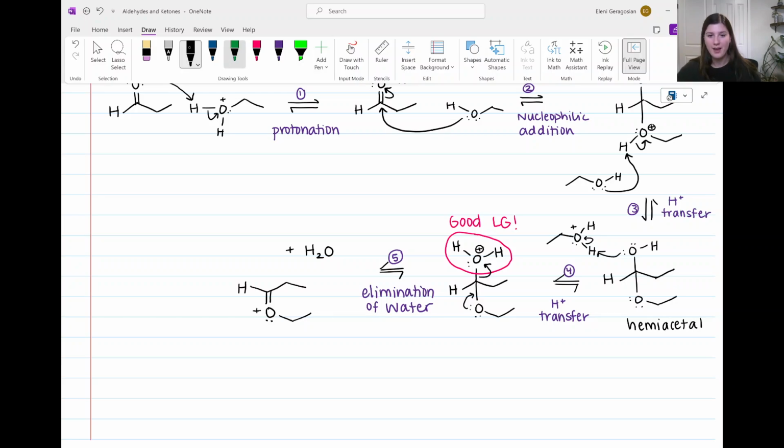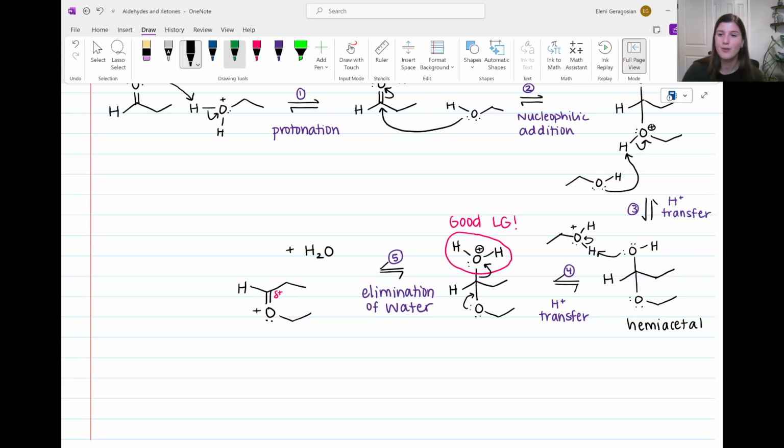Well, now look, we have a positively charged oxygen bonded to a carbon. That double bond looks like a carbonyl bond. That positive oxygen is pulling electron density away from that carbon. And so now this carbon, again partial positive, is susceptible to nucleophilic addition.